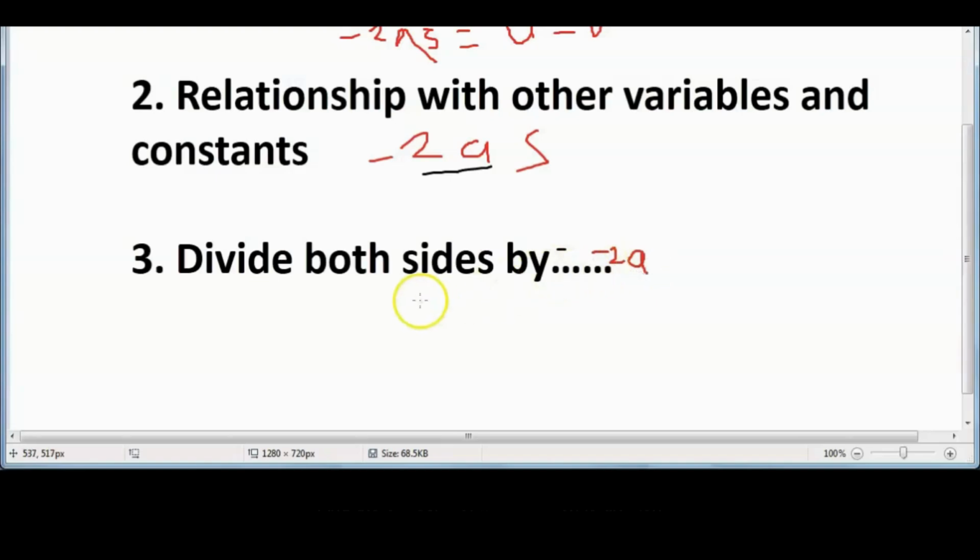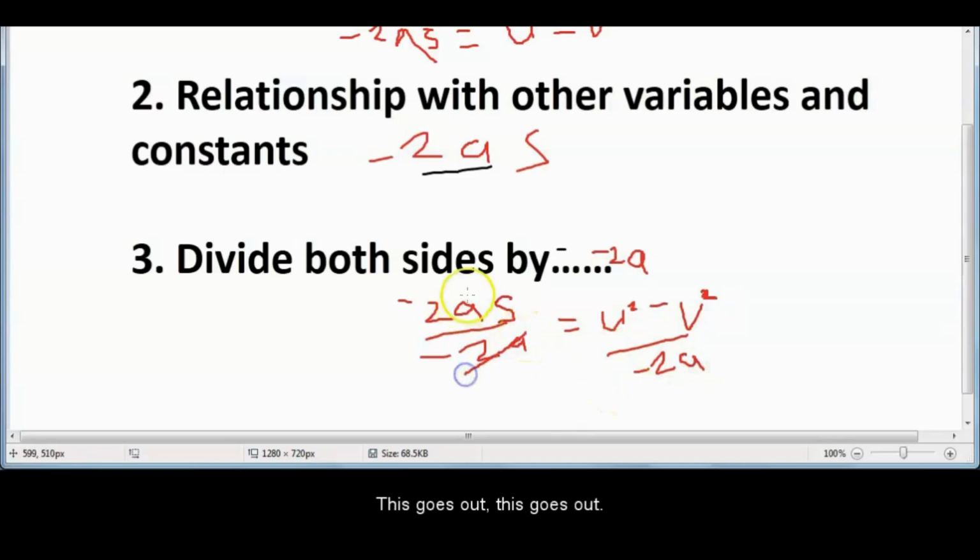So minus 2as equals u square minus v square, over minus 2a. This goes out, this goes out. We are left with s is equals to u square minus v square all over minus 2a.